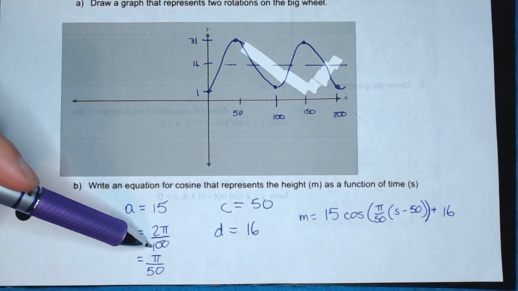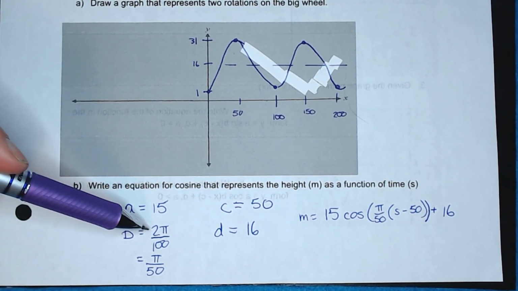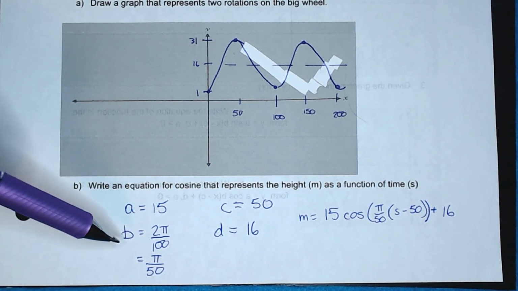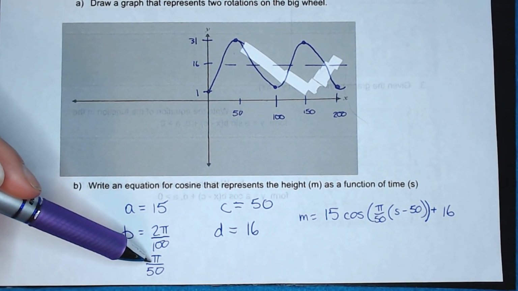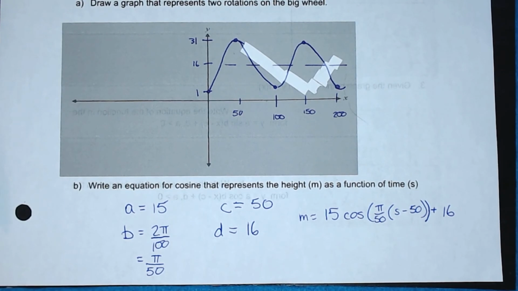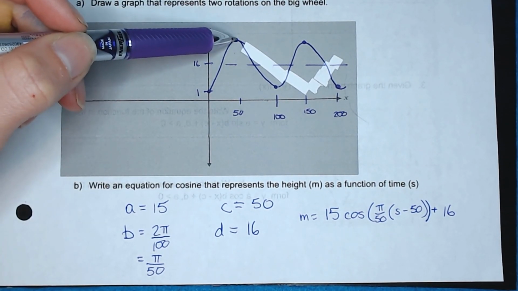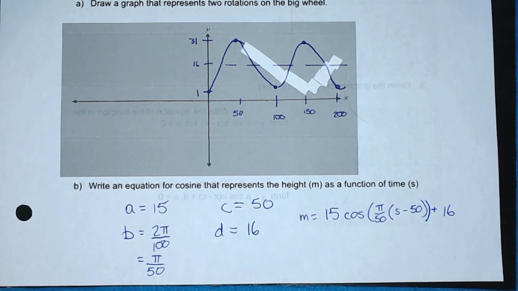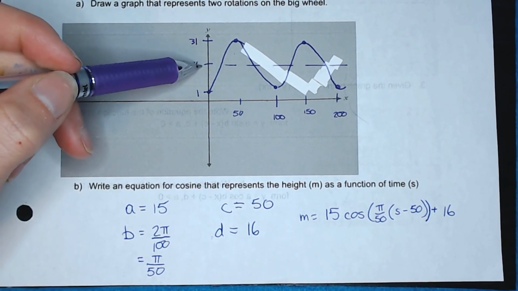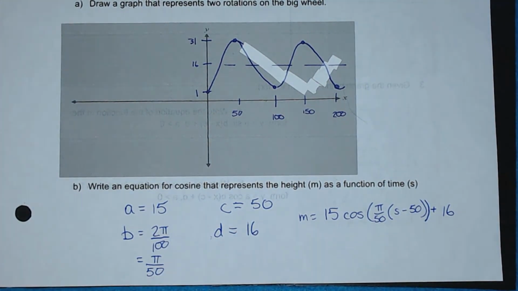It takes 100 seconds for that Ferris wheel to go around. So we have 2 pi over the period will equal b. Our b is pi over 50. C is 50. You can see that it's shifted over to the right here. And d is positive 16, or where that midline is.